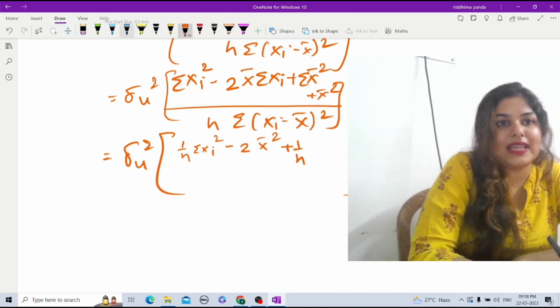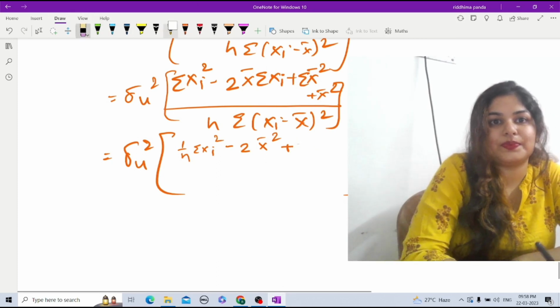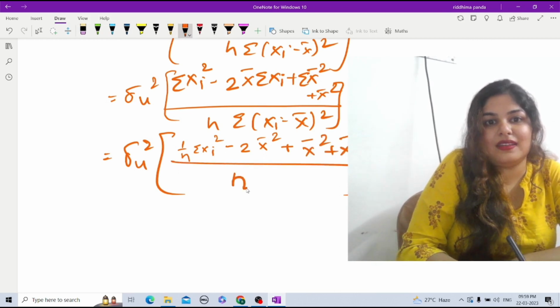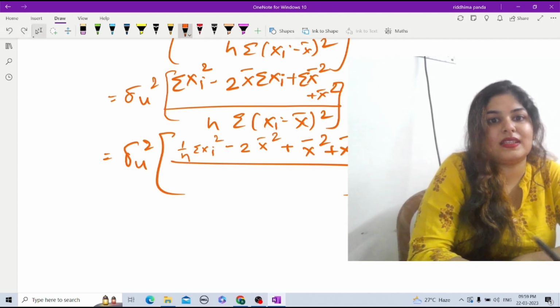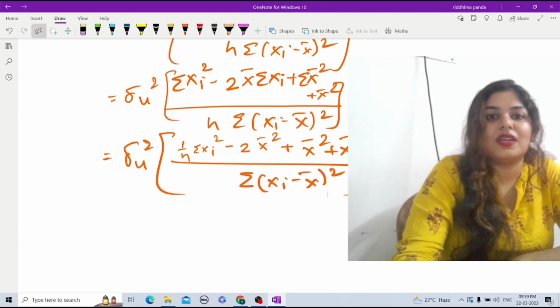So this n gets cancelled, so it is only x bar square plus x bar square divided by n, no more n because n is cancelled here, n by n. So we have only summation (xi minus x bar) whole square downwards.